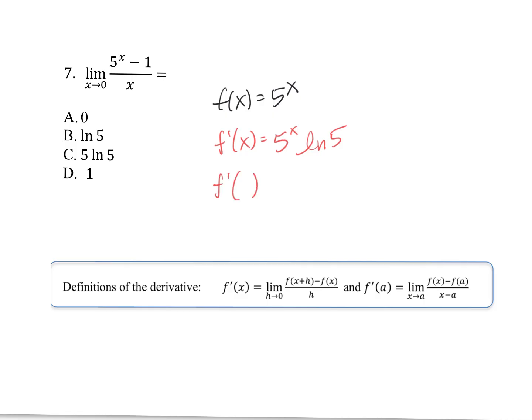What do you think our x value is? On this one it says x approaches 0, and that's because my a value is 0. So it'd be 5 to the 0 times ln of 5. Final answer? Yeah, because anything to the 0 is just 1.